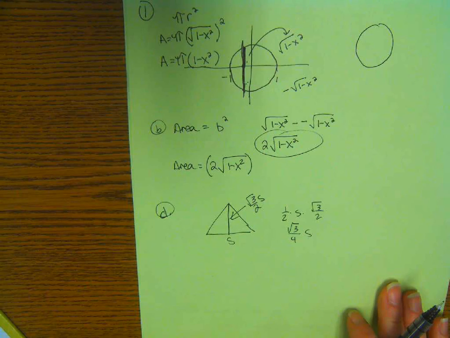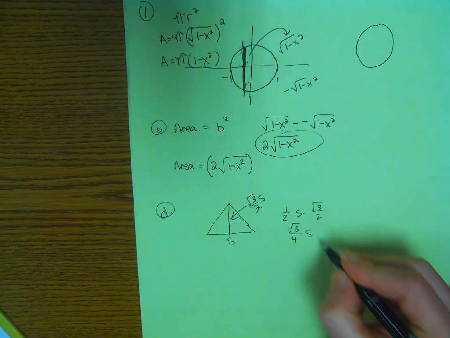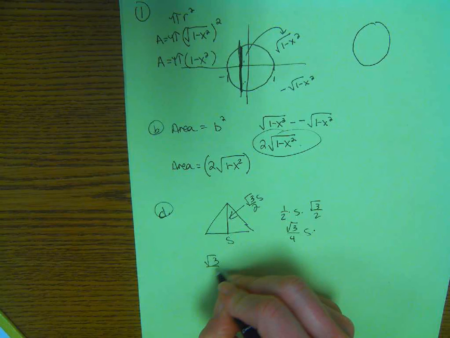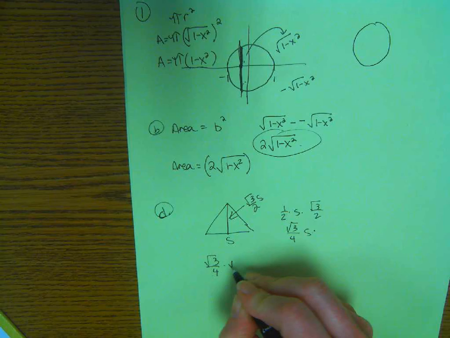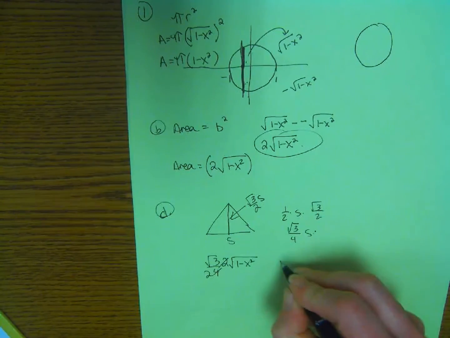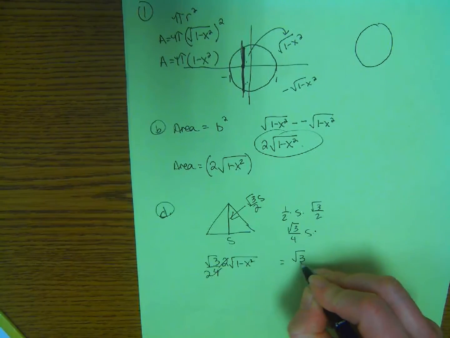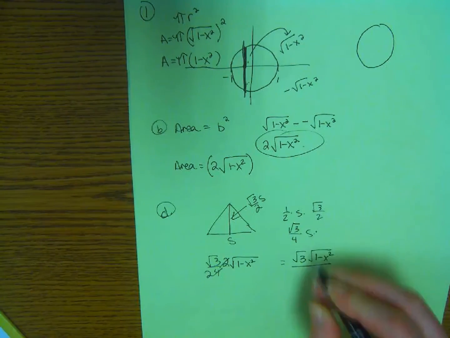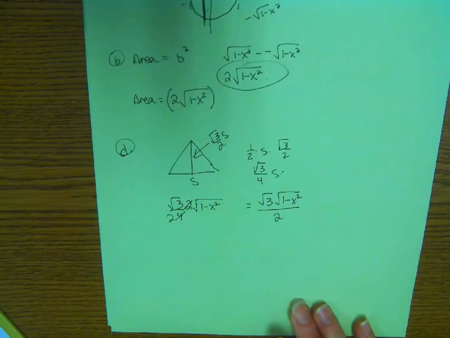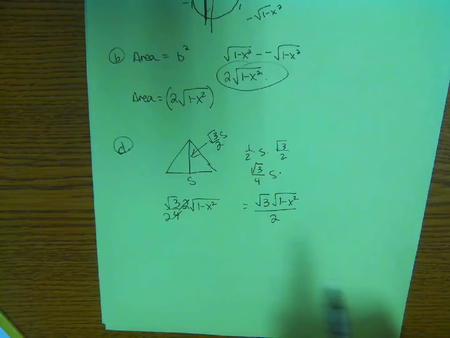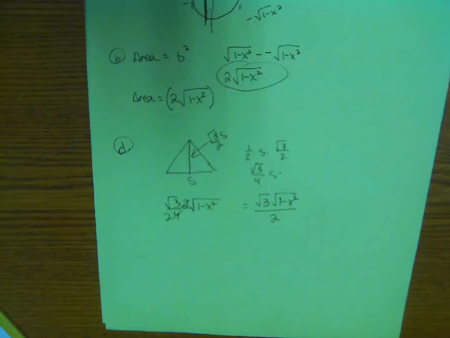Squared, and I can cancel that to get root 3 times 1 minus x squared. If you want, you can put them together in parentheses over 2, because these are both underneath, so you could put the 3 in with that expression. Okay, hopefully that was helpful.